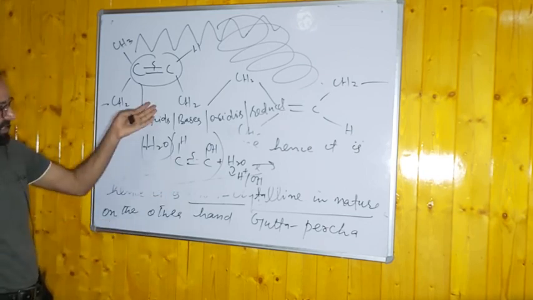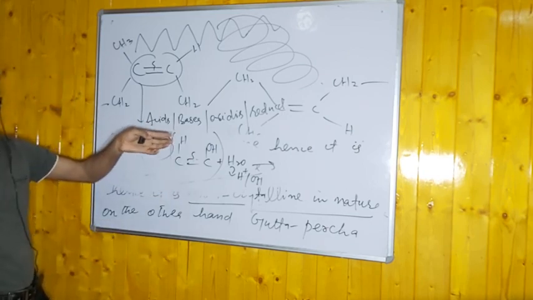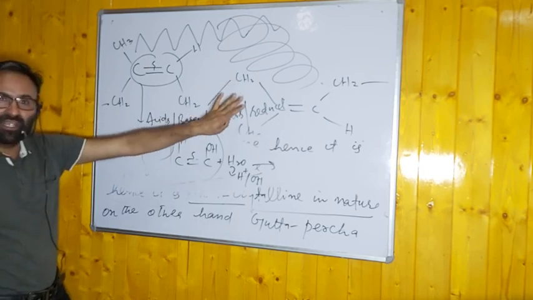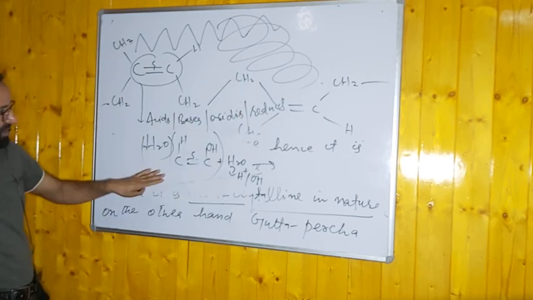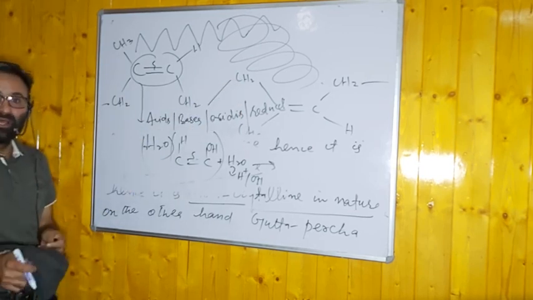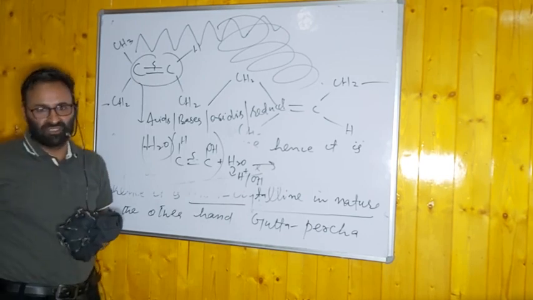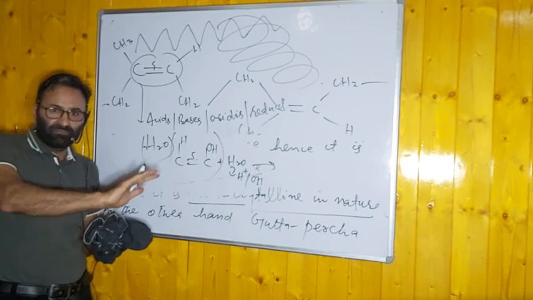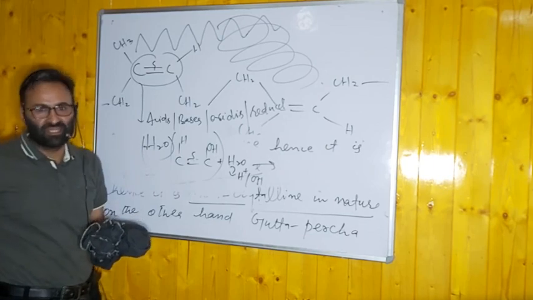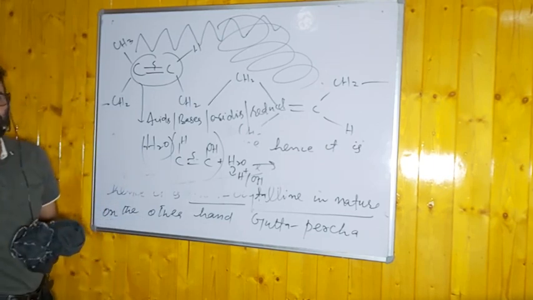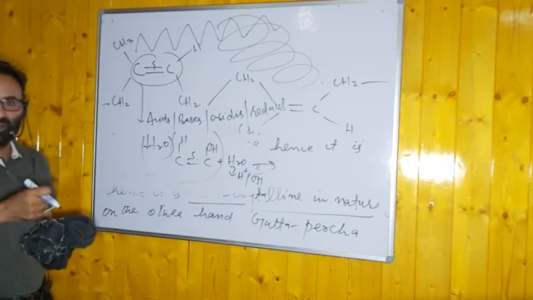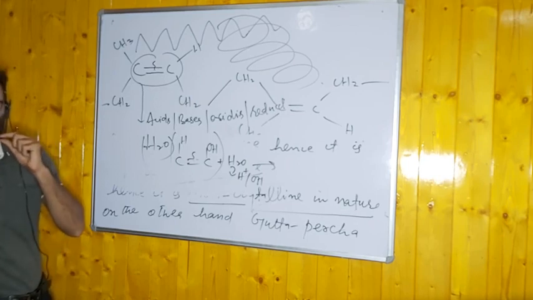First, we have to overcome these problems. Acids and bases should not attack it. Attack of oxidizing and reducing agents should be hindered. It should not absorb water. We have to maintain its elasticity. To overcome these problems associated with natural rubber, we have an important topic, that is vulcanization of rubber.